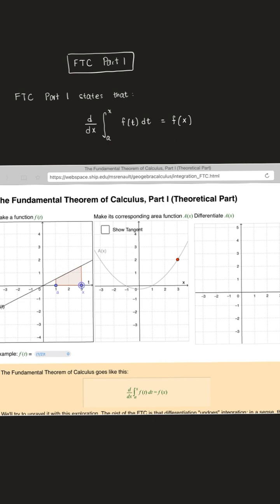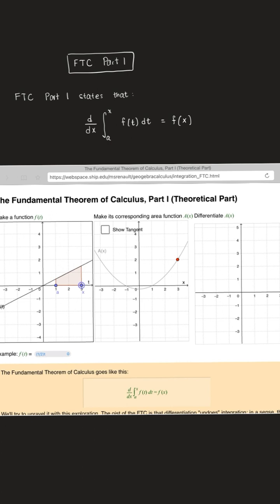The accumulation function is the middle graph, where the input is x and the output is area accumulated underneath lowercase f of t, and this function is the one on the leftmost graph. When we take the derivative of this integral, we should get the original function back. So let's see how that happens.